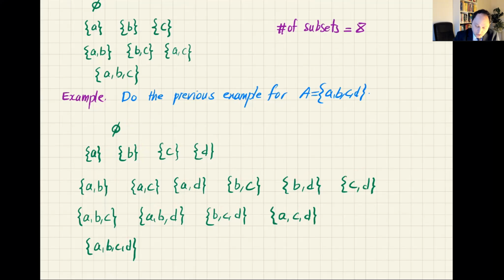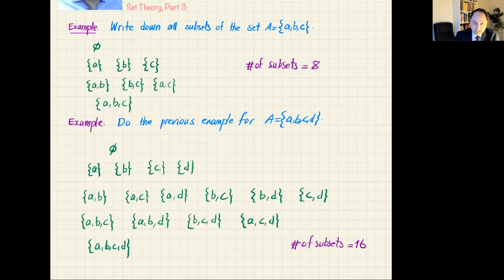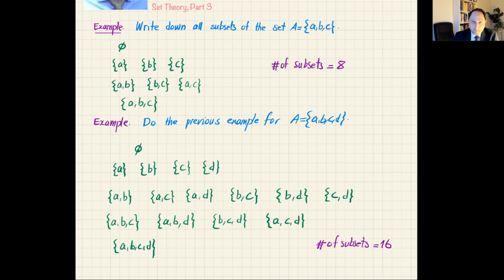Okay, so this time the number of subsets is equal to what? 16. Now can you see at least some pattern going on here? It doubles for every new element. So meaning what? If I have a set with n elements, how many subsets are there?